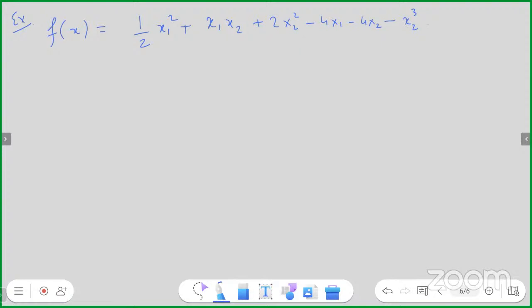Unconstrained. Valid question? See, it's definitely not a convex function. So don't even attempt anything of that type. You learned something very limited today. That should be enough.